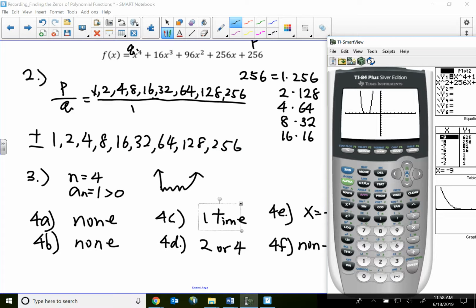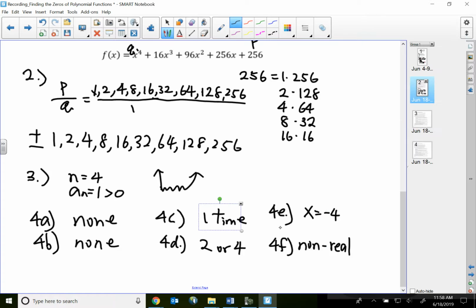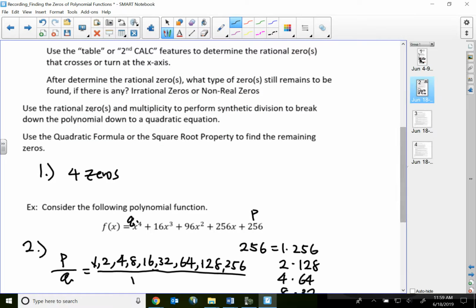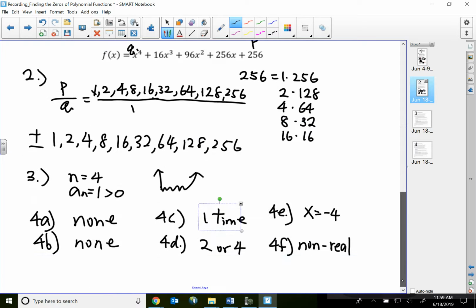All right, so if I'm assuming my multiplicity is 2, I know so far it's 2. I don't know if it's 2 or 4, but it can be 4. So if that's the case, I'll have to use this zero twice to go through the synthetic division.